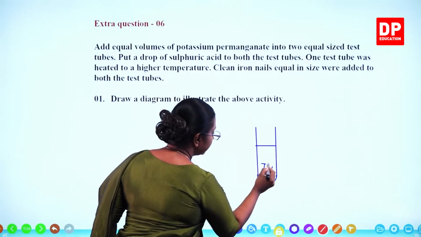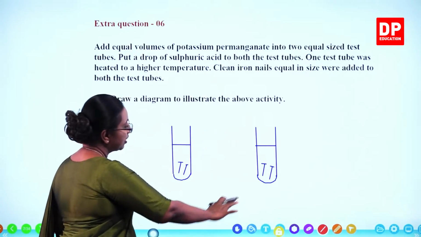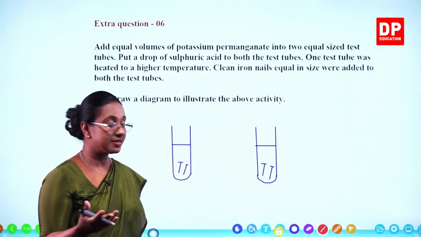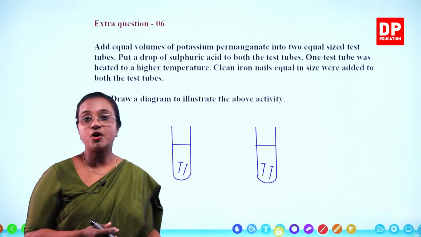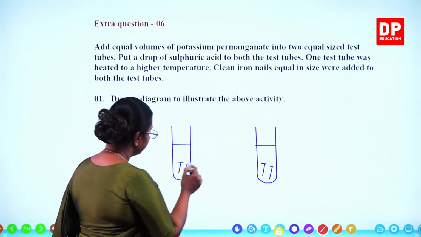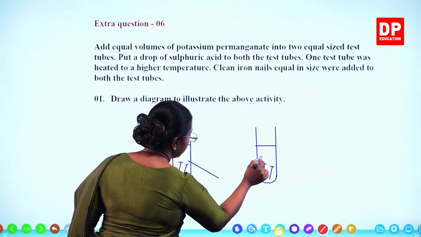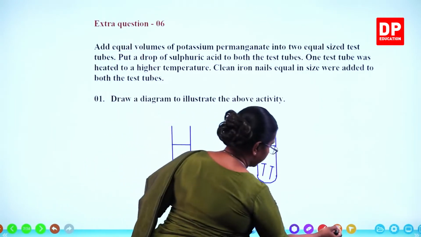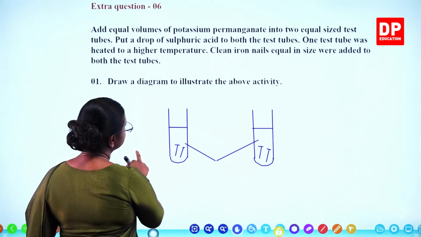The iron nails. You can draw it more nicely to represent the iron nails. Here I have drawn it diagrammatically. So the important thing is you have to mark all these.